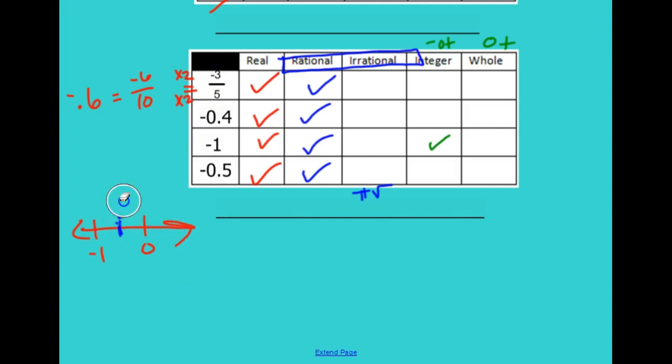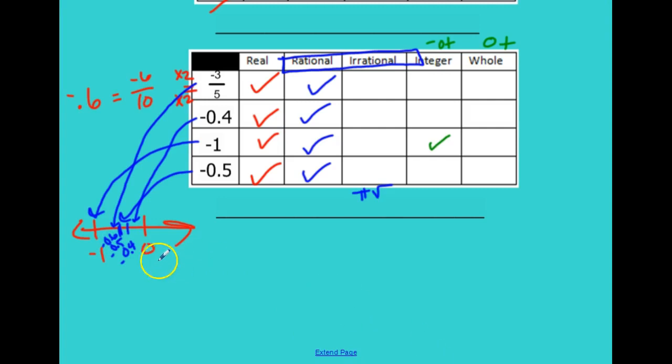Oops, I'll actually write that as 0.5 because we actually have that number right here. Negative 0.5. Negative 1's over here. Negative 0.4 is a little bit greater towards the positives than negative 0.5. And then 0.6 would be a little bit further negative than negative 0.5.